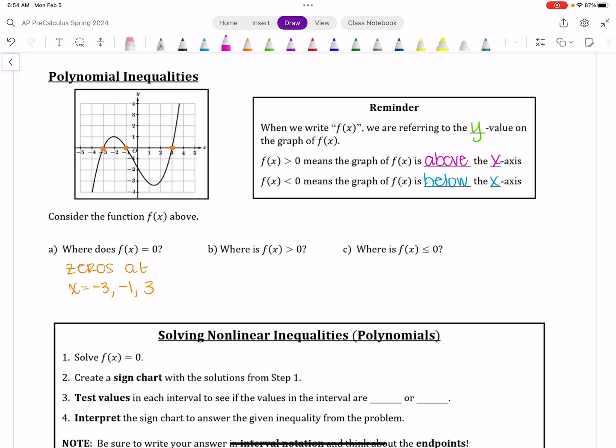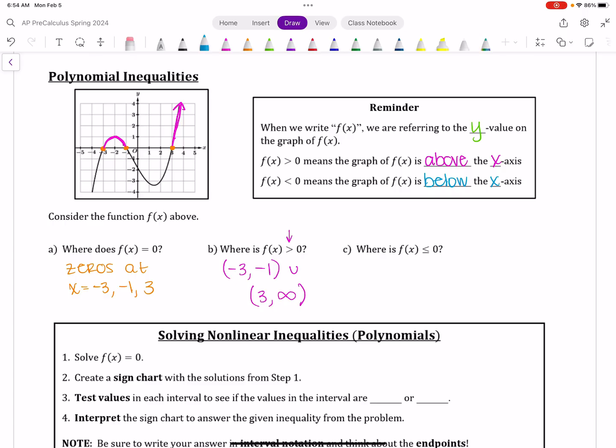So we want to look above the x-axis. So we're first positive from negative 3 to negative 1. And then we are also positive from 3 to infinity. And we're using open intervals because we're looking at strictly greater than 0.